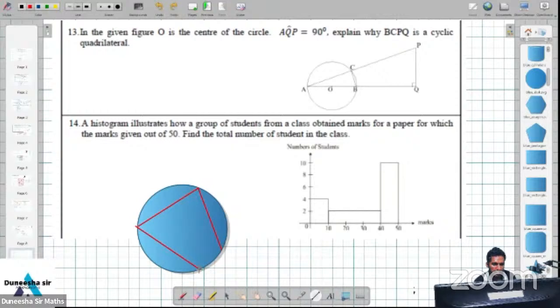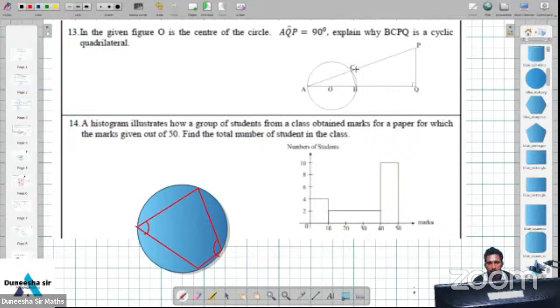Then like this. මෙන්න මේ quadrilateral එක මොකද්ද වෙන්නේ? The opposite angles summation is equal to 180 වෙනවා. හරි. දැන් මේක BCPQ කියන එක quadrilateral එකක්ද කියලා කියන්න කියනවා. explain කරන්න. BCPQ.